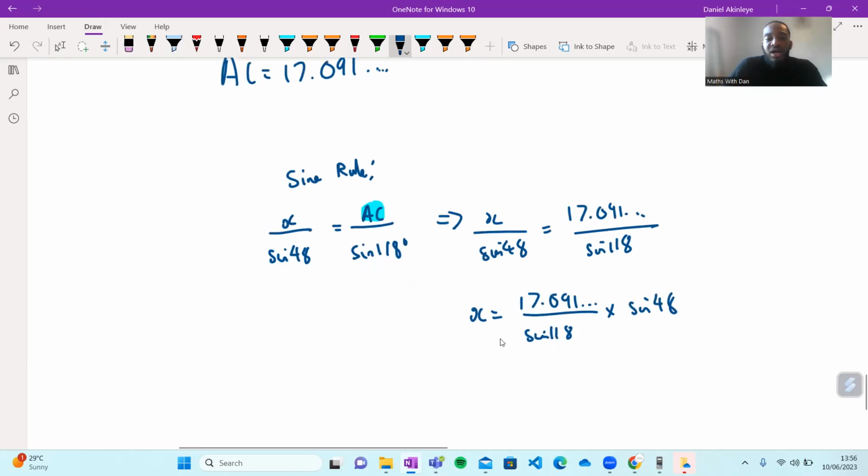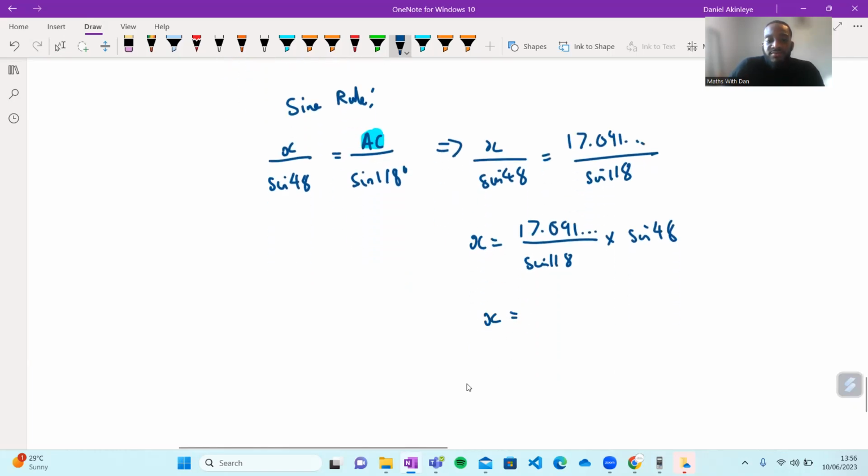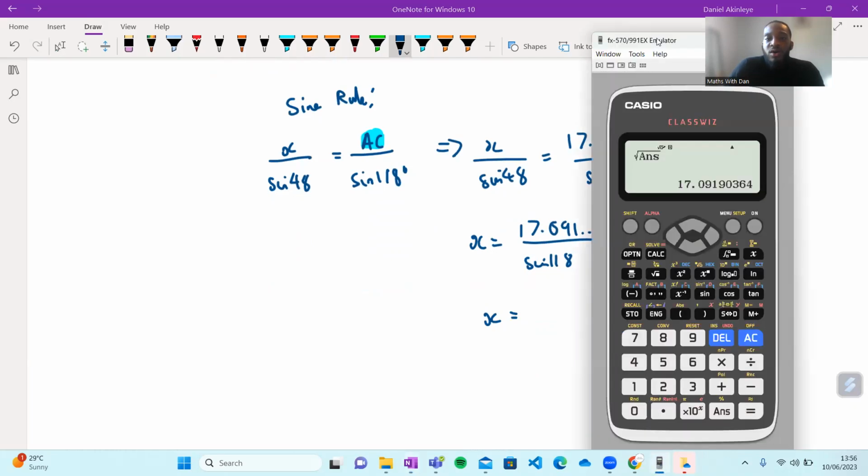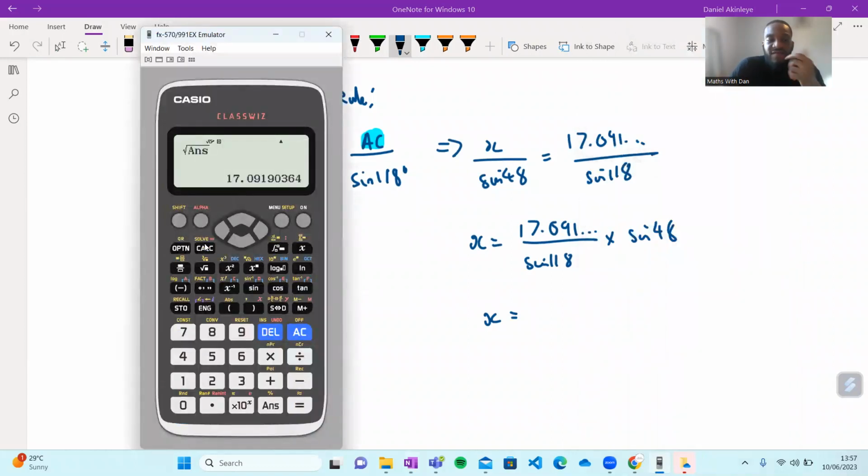Now we'll put this into the calculator and see what it gives. Remember, I also have this stored. I don't have to write the 17.0 blah, blah, blah again. So it'll be answer over sine 118 times sine 48.